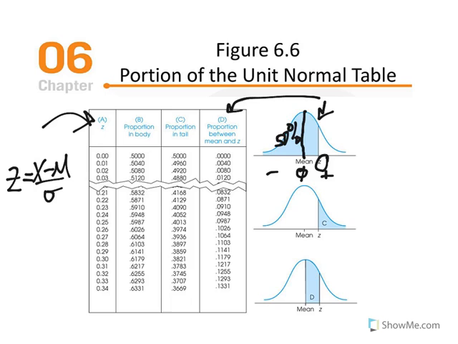And then we have column D, which is the area between the mean and the z. So we have the mean in the center, and then here a positive z-score. This area here is the area between the mean and the z, or again, the proportion between the mean and the z. Now I'd like to point out that each of these has an equivalent negative value.